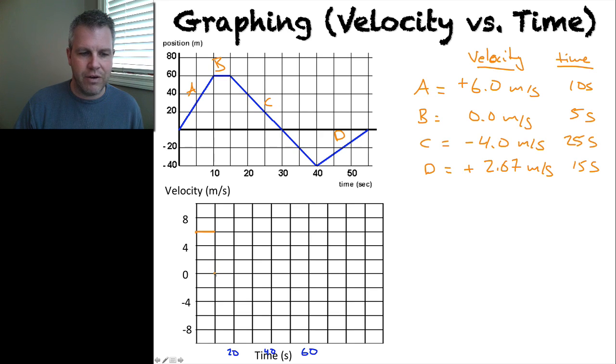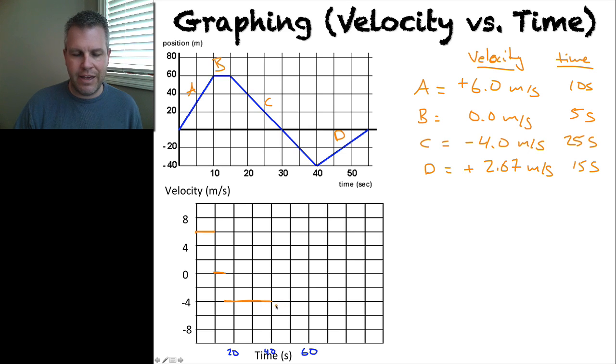I go back down to 0, and that lasts for 5 seconds. Okay, and then for 25 seconds, he goes negative 4. So I'm going to go from here all the way up to 40. Okay, and I don't join these, so I don't have to draw lines here.